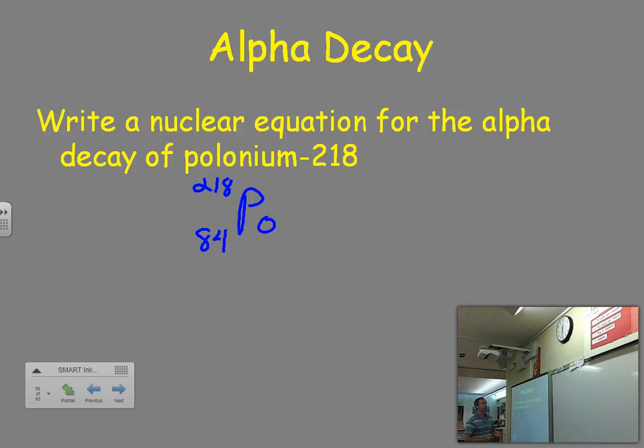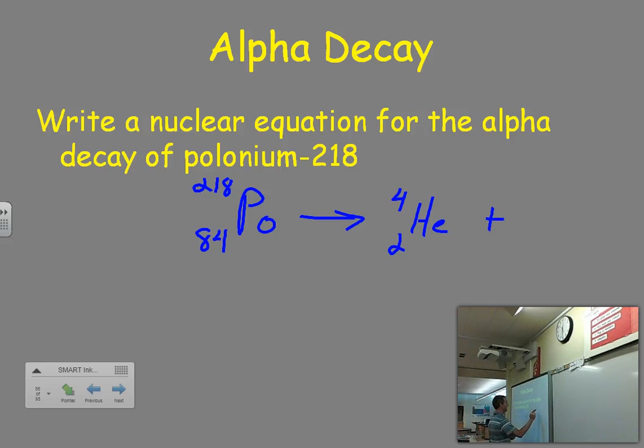Now remember, this nucleus is unstable, and so the alpha particle is emitted or sent out of the nucleus. I show that by my alpha particle, which is a helium nucleus with 2 protons and 2 neutrons. That is going away, so that means to get the result of this, I subtract the numbers.